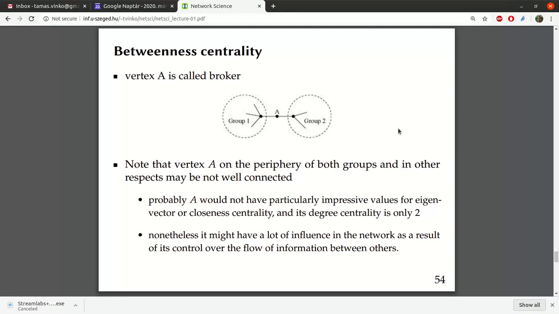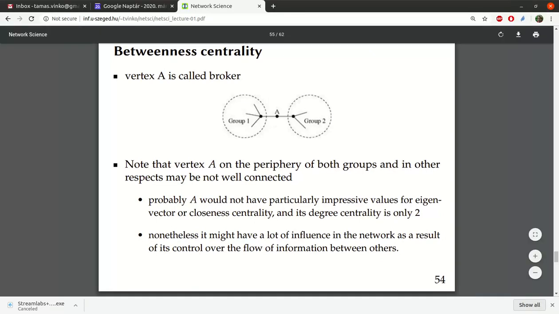We can take an extreme example in which we have a node here which connects two large groups of connected nodes, and obviously this node A has a very large betweenness centrality value because all the shortest paths between nodes in group 1 and group 2 and backwards have to go through this node A. So in this way, we can call this node a broker.